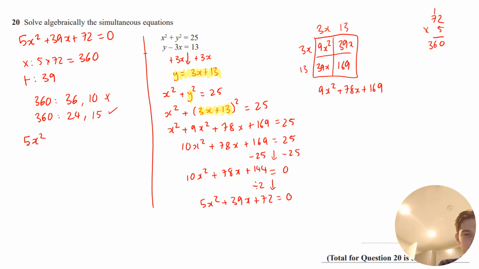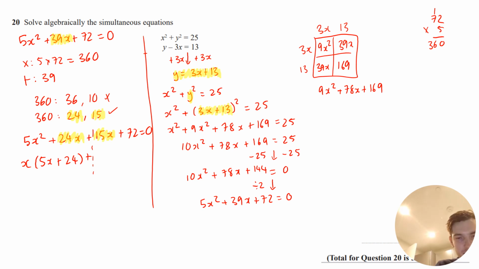So 5x squared plus 24x plus 15x plus 72 equals 0. So just to show you what I did there, I took my x term and I split it using those two numbers that I had, and I'm now going to factorize. So dash line down the middle, take out an x here, 5x plus 24, and I can take out, what can I take out here?